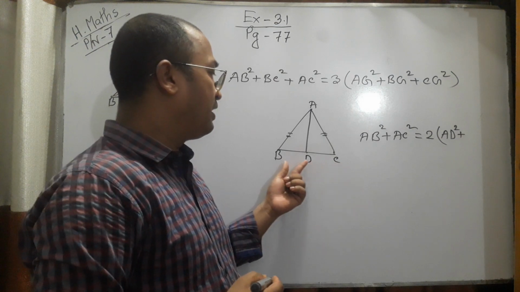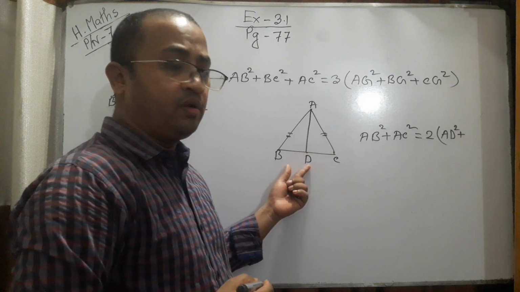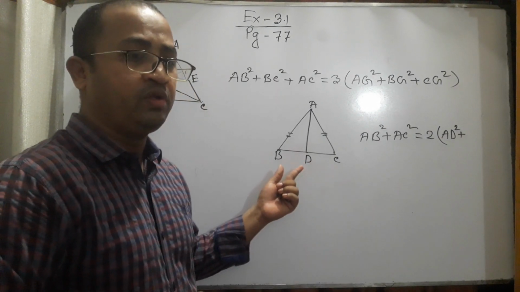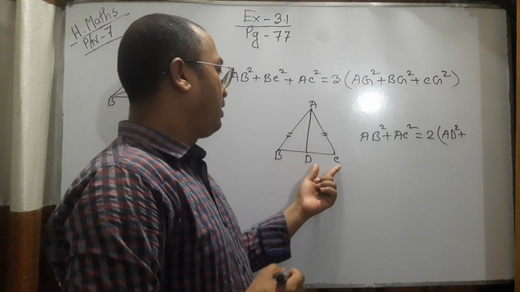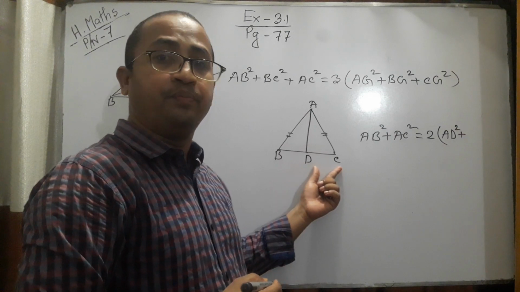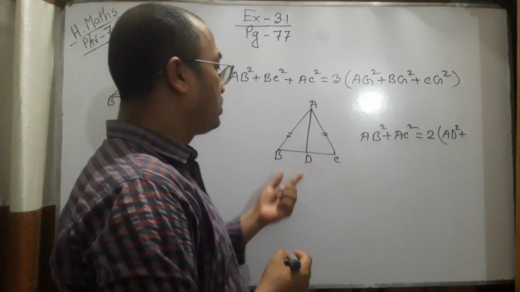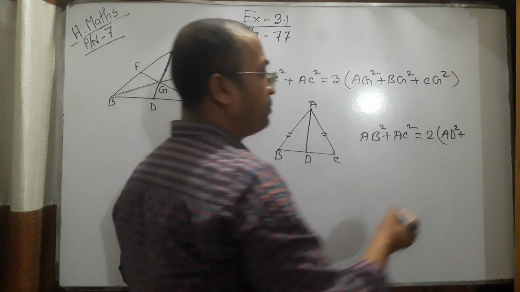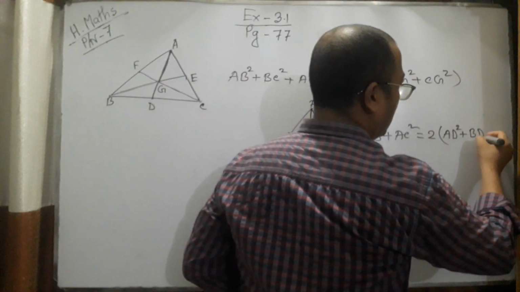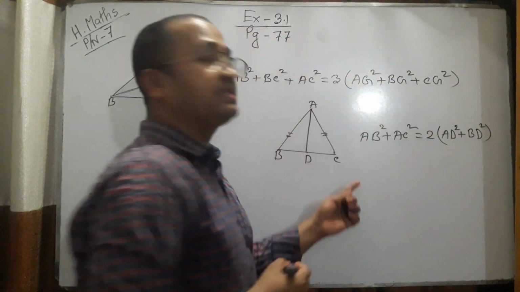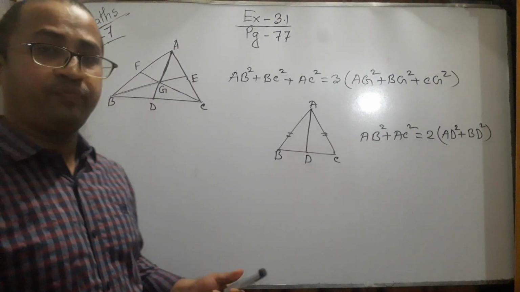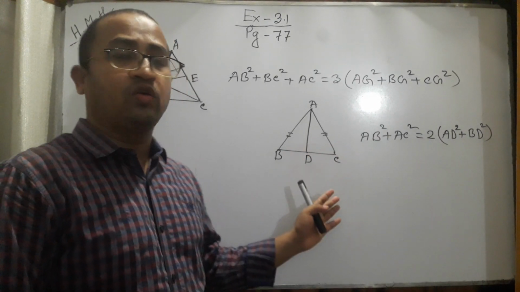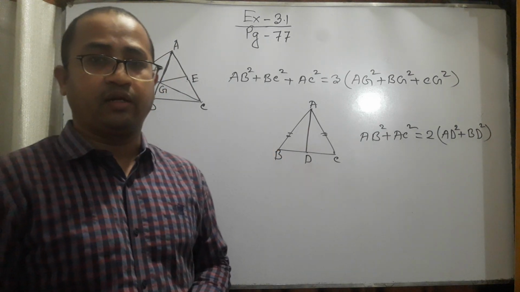Look, here D is the midpoint. So BD and CD are equal. So you can consider any half, BD square. So this is the Apollonius theorem. We will apply this Apollonius theorem in this triangle.